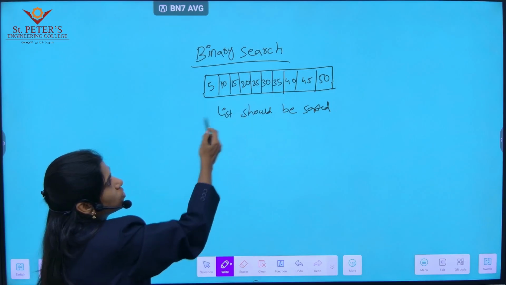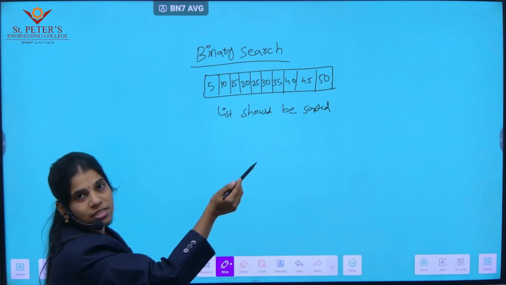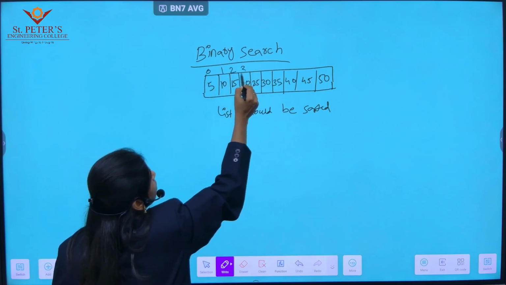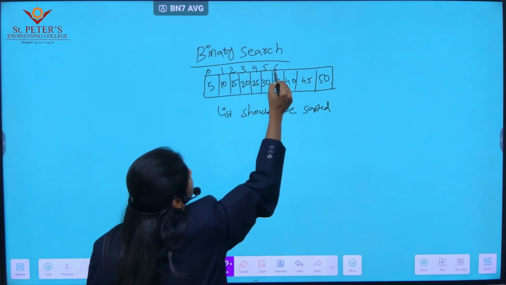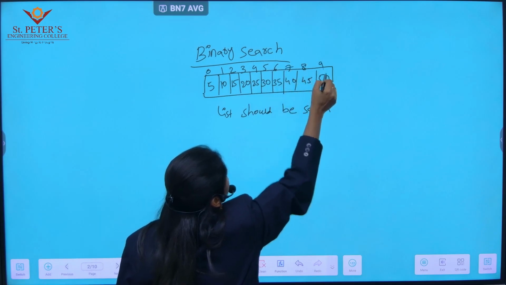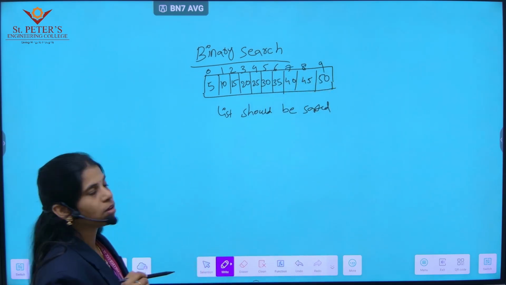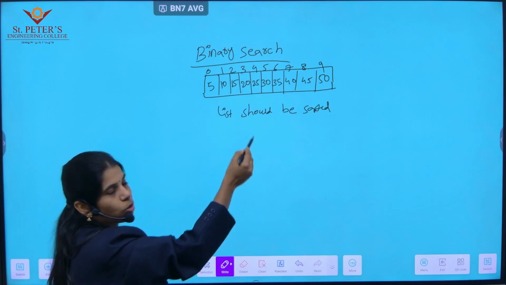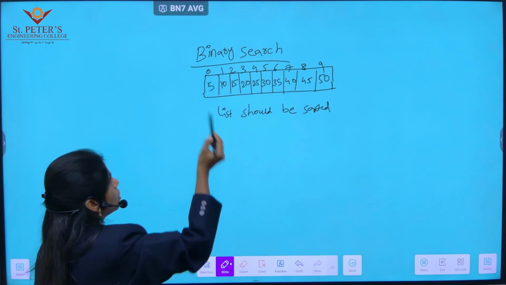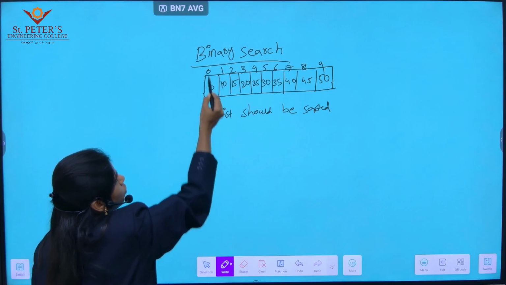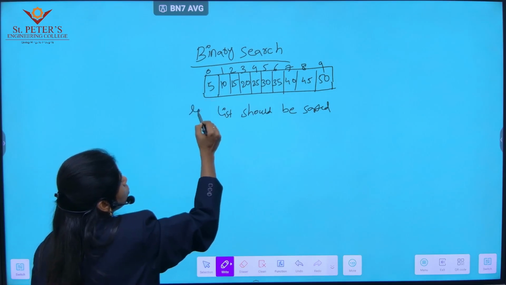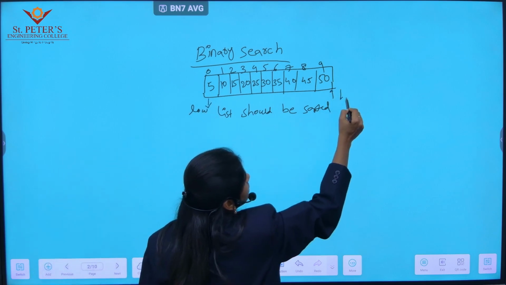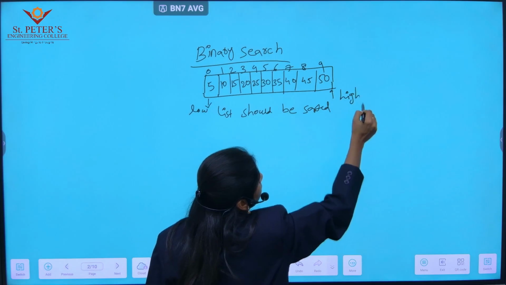Suppose assume this is my list. It contains 10 elements, and the index positions start from 0 to n minus 1. Now I am going to perform the binary search operation on that list. Before that, assume the starting index position is low, and the last value is high.